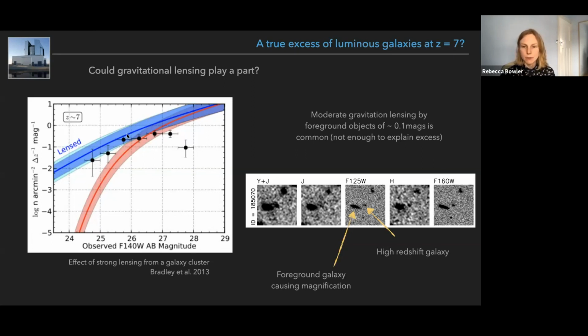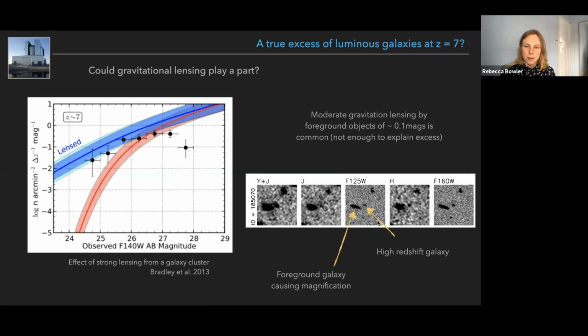So I looked to see if there were very massive clusters in the fields I was looking at, and we didn't find any evidence for those. But the other thing we checked was what I'm calling moderate gravitational lensing. I'm not sure that's the correct term. This is not from a cluster, but from a single galaxy in the foreground.